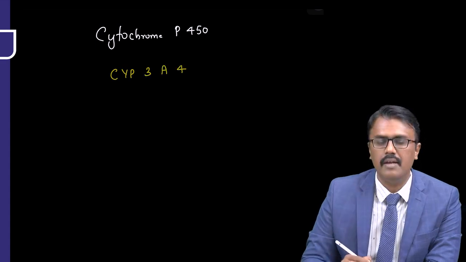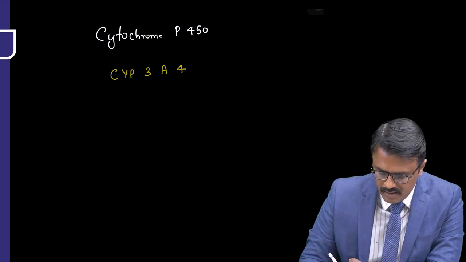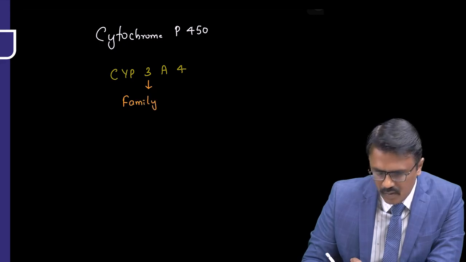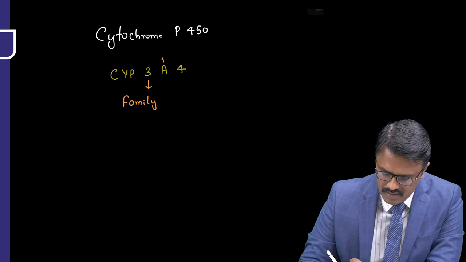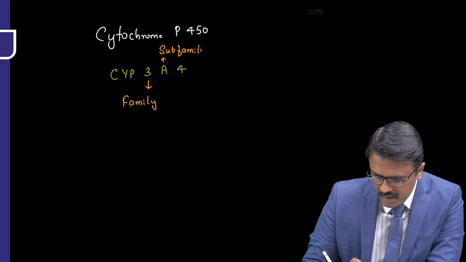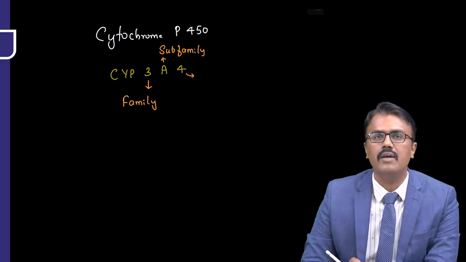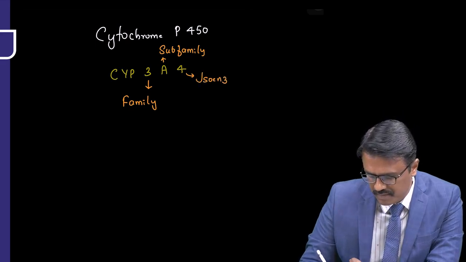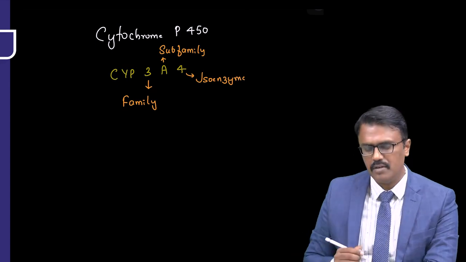Now what do you mean by that 3? The 3 here will tell you the family of the enzyme. And what does A tell us? A tells us the subfamily. And 4 is going to tell us the isoenzyme, and you have studied that in biochemistry. So that is the nomenclature of cytochrome.